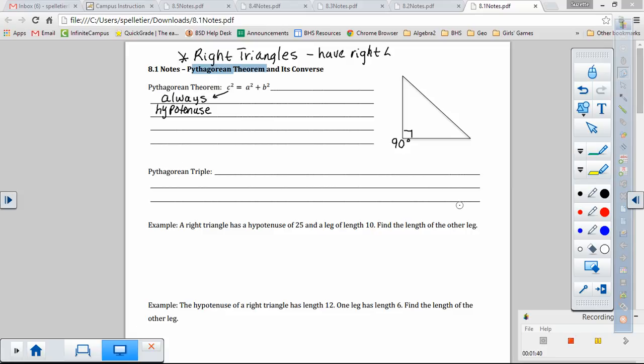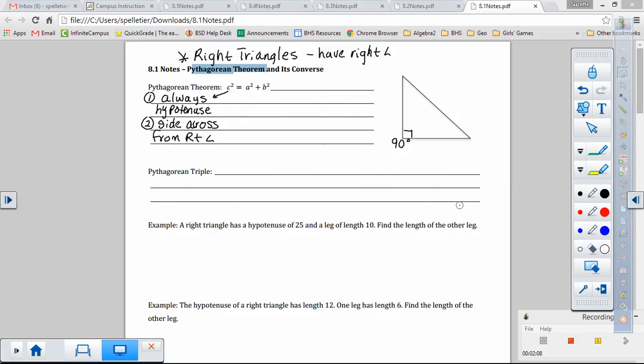And the other thing you need to know about the fact that it's always the hypotenuse is you also need to know that the hypotenuse is always the side across from your right angle. So c is always your hypotenuse, and it's always the side across from the right angle.